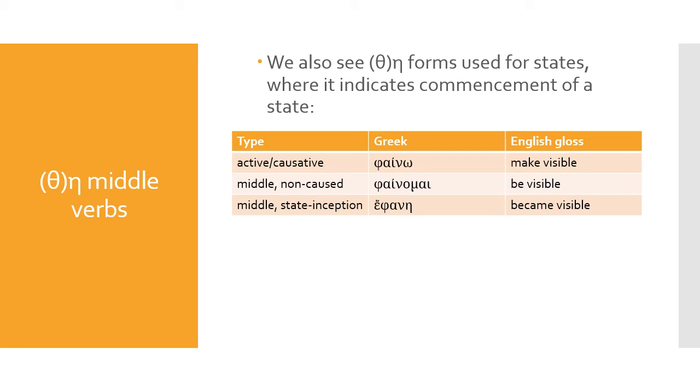In the middle, it has a non-caused sense. Phainomai, to be visible. In the aorist middle, the theta eta middle, it indicates state inception. Ephane, became visible. So again, this is one historical development of theta eta middle forms indicating commencement of a state.